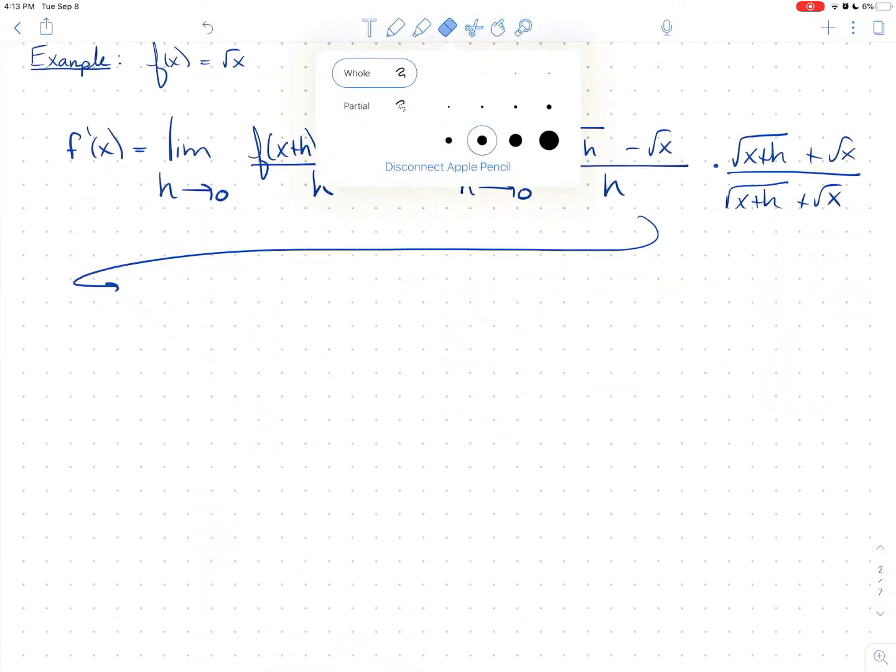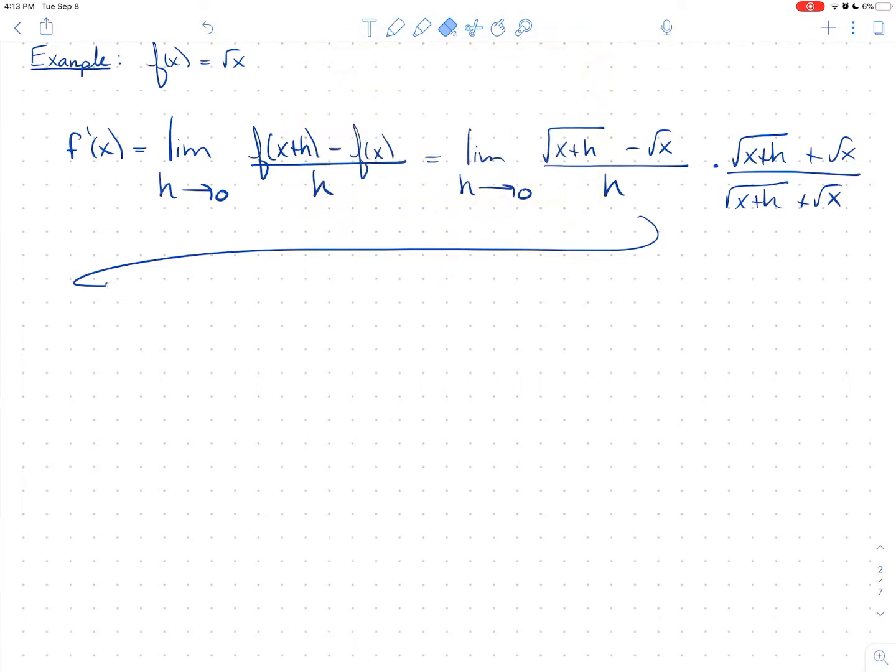I get the limit as h goes to 0. When I have a minus b, a plus b, this is just the difference of squares. So I'm going to get this one squared minus this one squared.